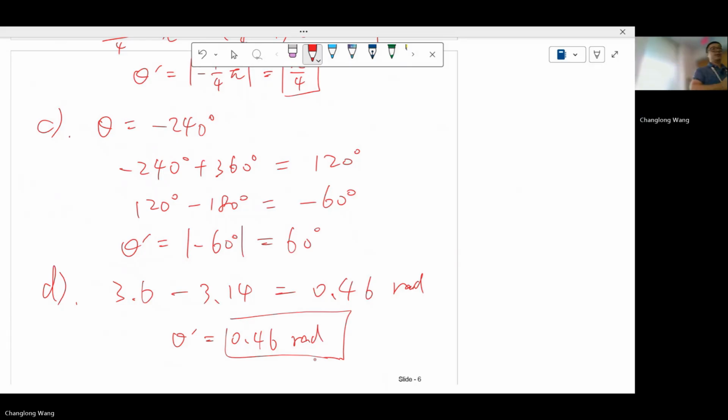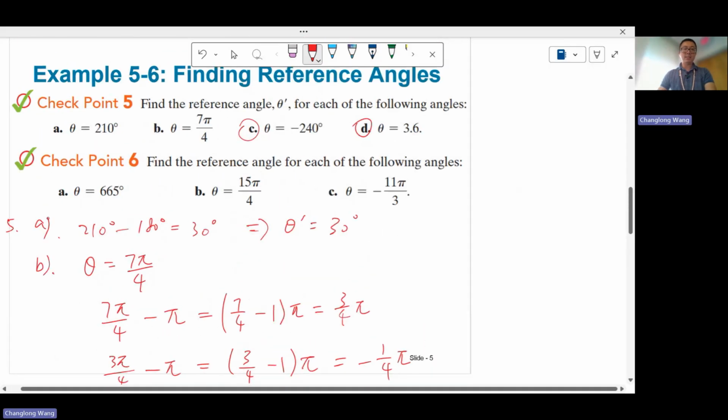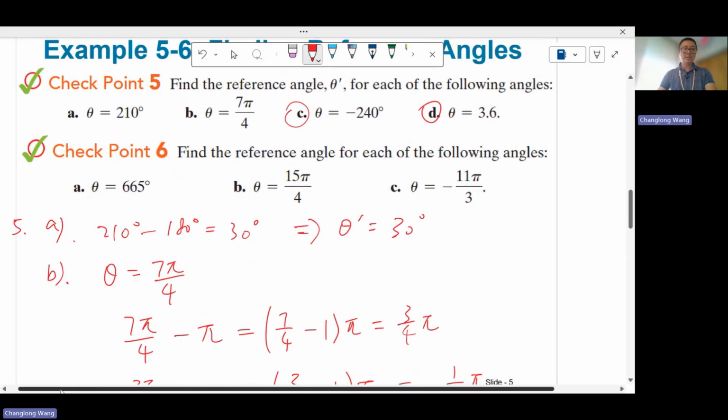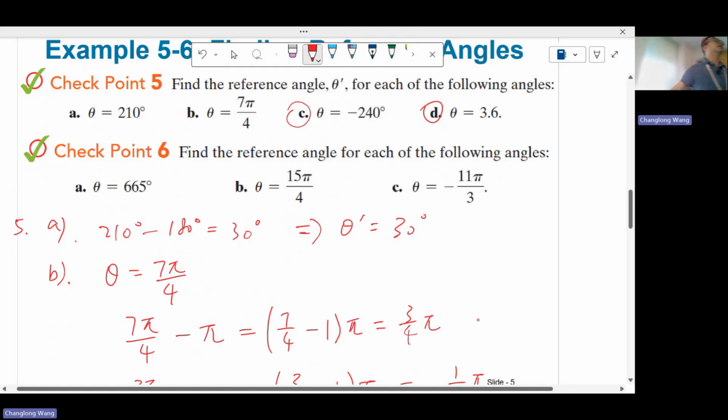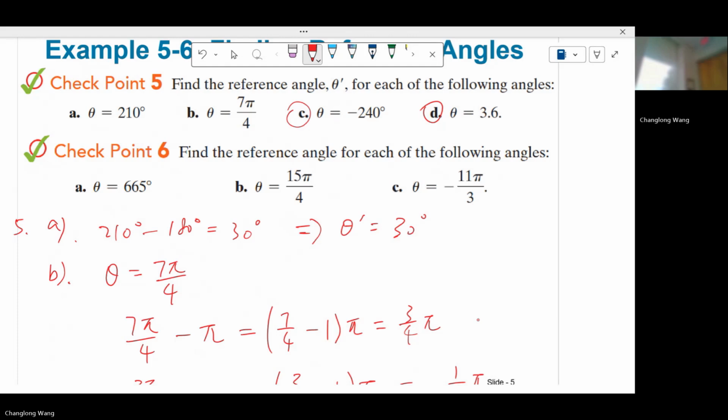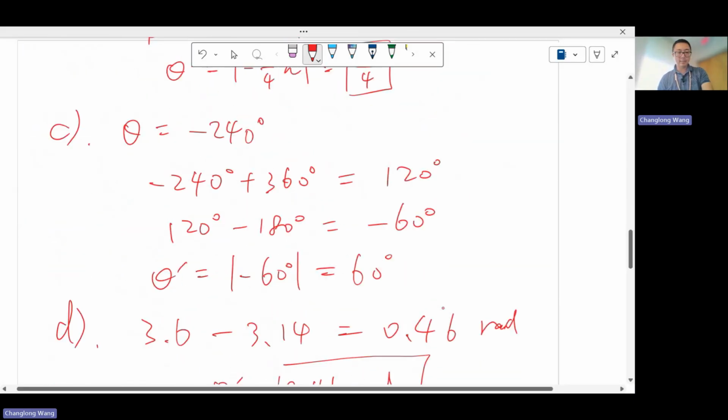All right. Now let's make things even more challenging. Number 6. Why not? So now you're looking at an angle that's greater than 360. 660. Okay, good. You subtract 360 from it and make it small. Let me write it down.